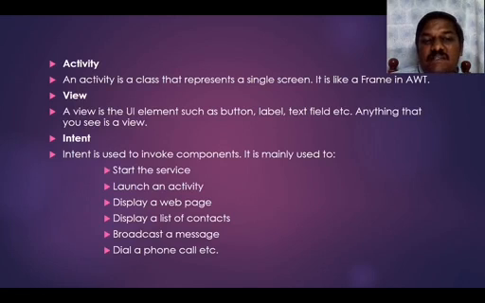See, activity is nothing but a class that represents a single screen. If you open your mobile, and you want to chat with your friend using WhatsApp, it is a single screen. Okay, so this is called activity. So it is like a frame in abstract window toolkit in Java. So the activity is nothing but the current single screen.